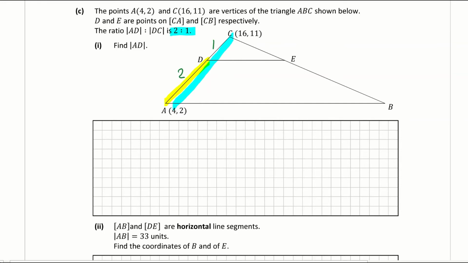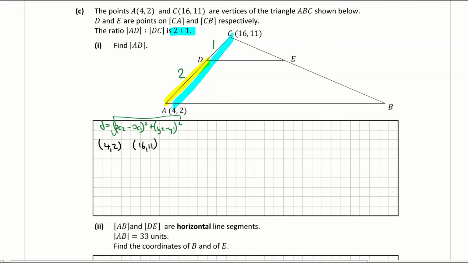So using my log tables, my distance formula is given as x2 minus x1 all squared plus y2 minus y1 all squared, all under a square root. That's coming from my log tables. And the distance I'm getting is between A, which is 4,2, and C, which is 16,11.